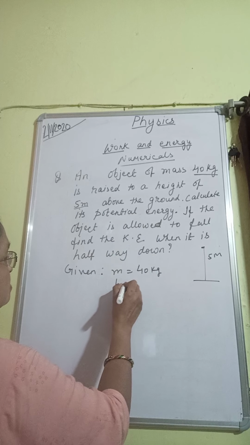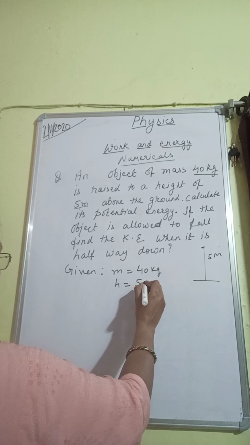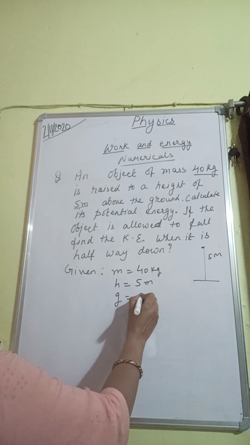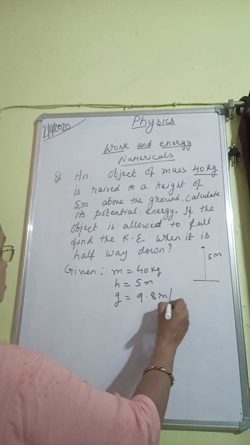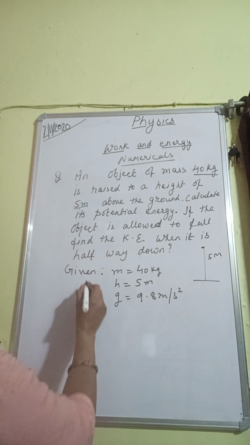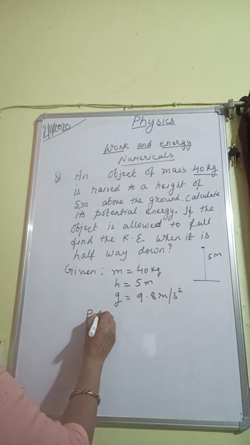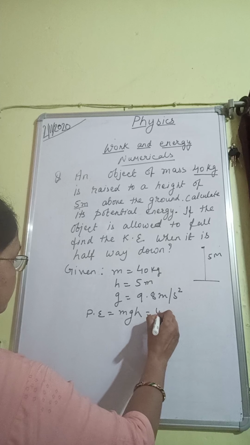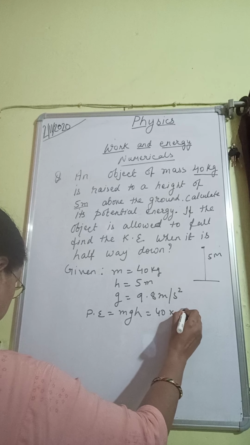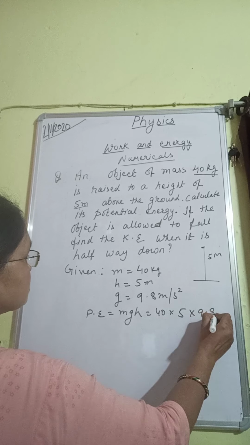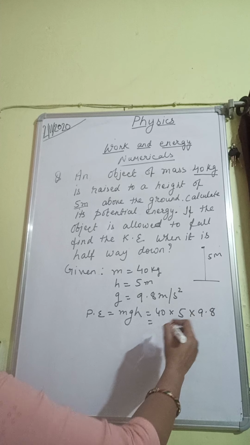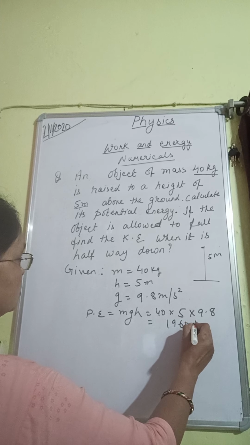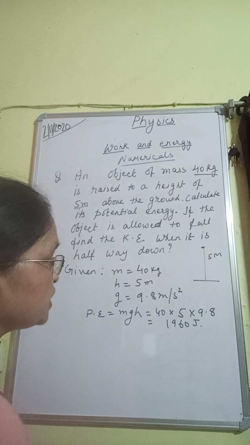Height 5 meter. We know the value of g, 9.8 meter per second square. We know the formula of potential energy, mgh. We have 40 into 5 into 9.8. When you calculate this, you will get the answer 1960 joule.